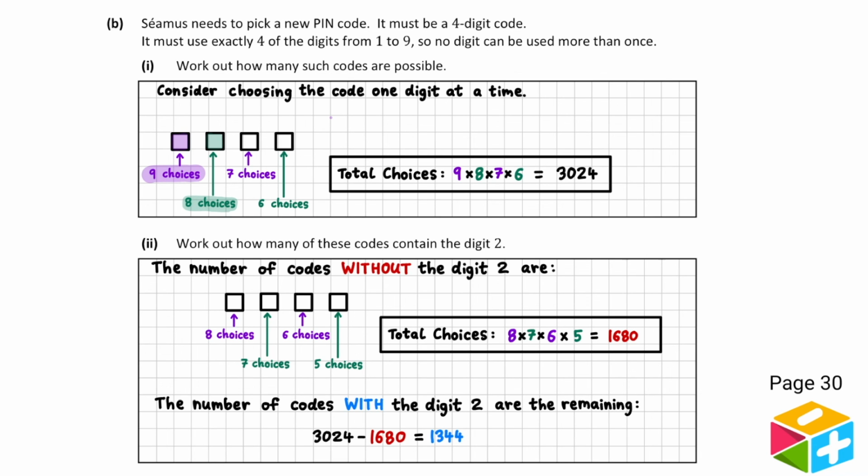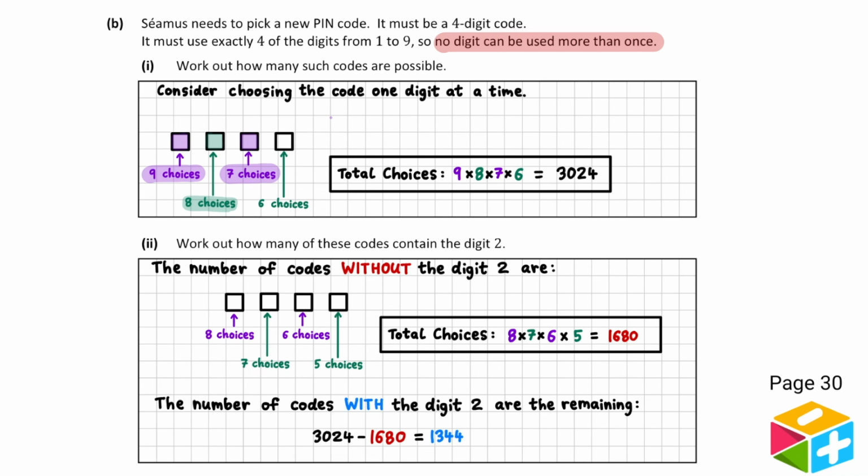This is due to the fact that no digit can be used more than once. Whatever number we put in the first box will be blacklisted and no longer available for use in the second box. By the time we move to the third box, we've already used 2 of our 9 digits, 1 for the first box and 1 for the second box.